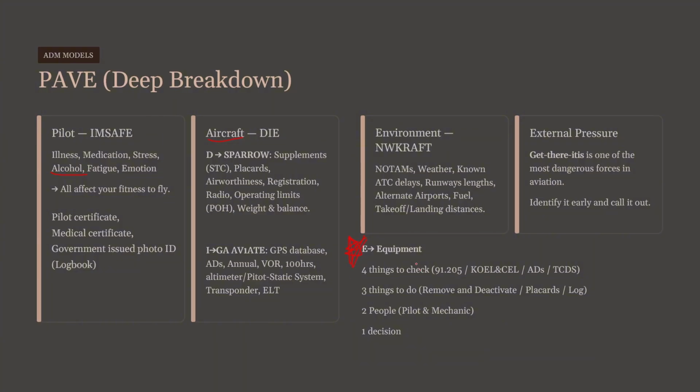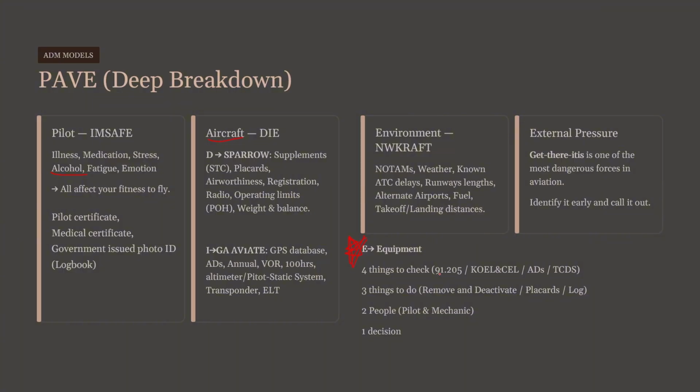And what it means is, if I have inoperative equipment, I would follow a structured process to determine whether the aircraft is still airworthy. And first, I would check if the aircraft has an MEL, which is a minimum equipment list.